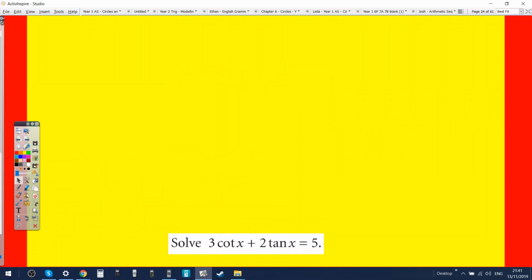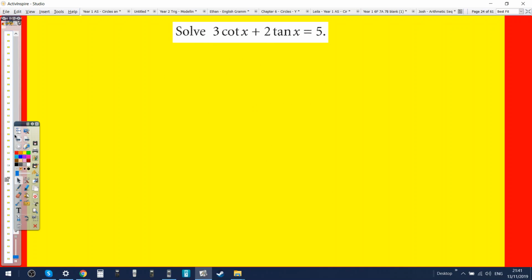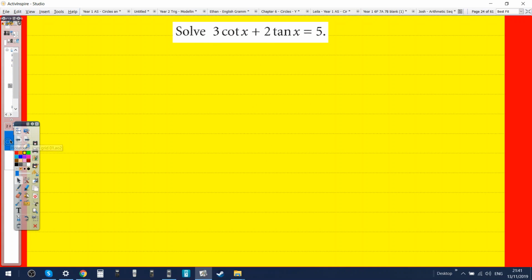How would you solve this one? Let's do it like that. How do you eliminate a fraction?